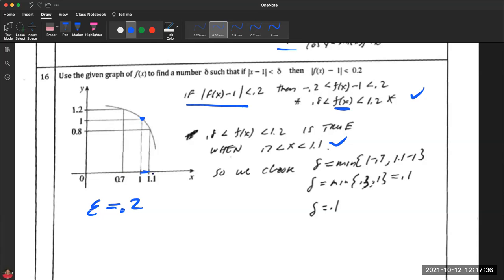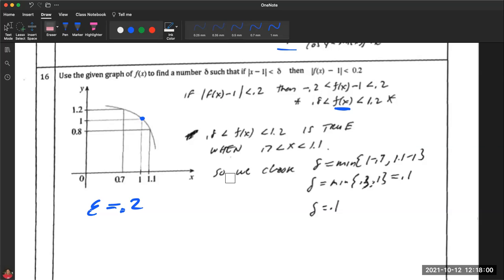And that's the key here, because if I go a little past 1.1, again, how far away am I? I'm 0.3 away. If I went to 1.3 over here, this function is a lot further than 0.2 away. So that's why we're always using the minimum value, the minimum out of that notation here.